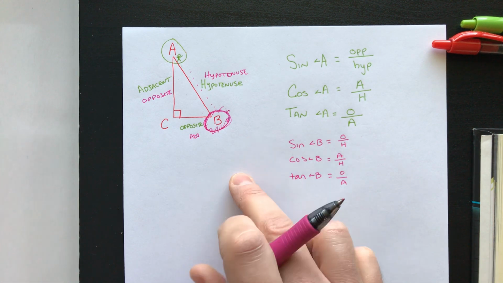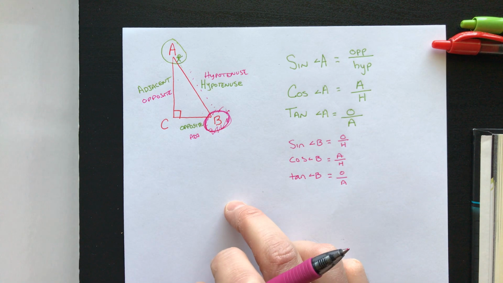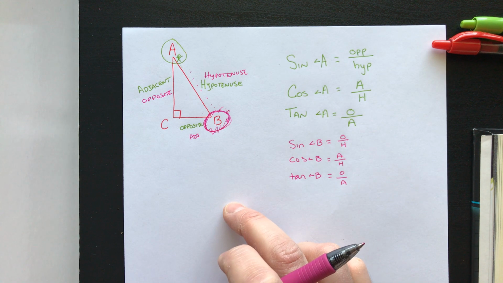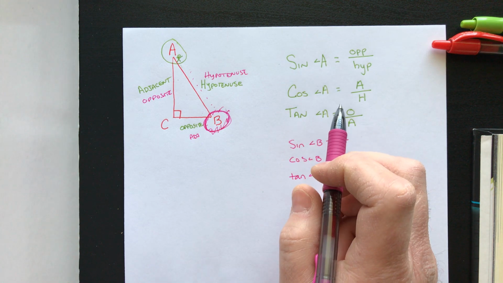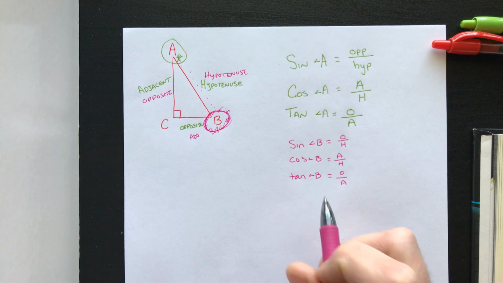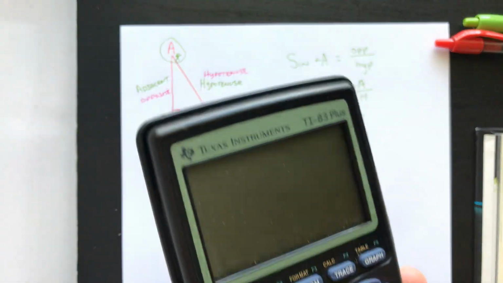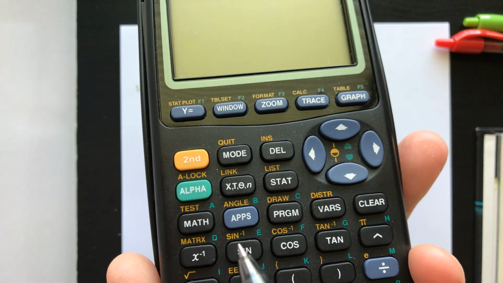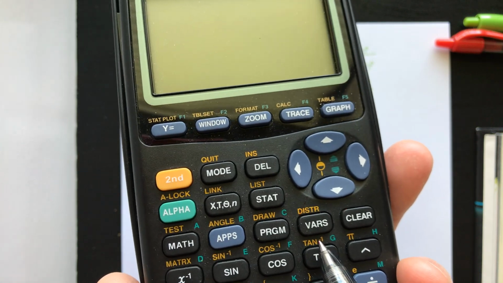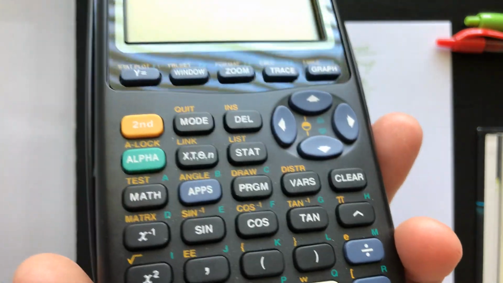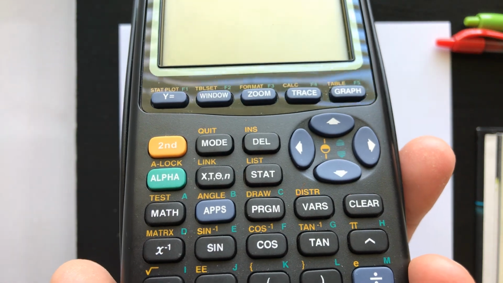Now, that goes into rule number 2. If you don't know the angle measure, if you have sine of x or cosine of x or tangent of x, then that's when you will be using sine -1, cosine -1, or tangent -1. Those are called inverse trig functions.